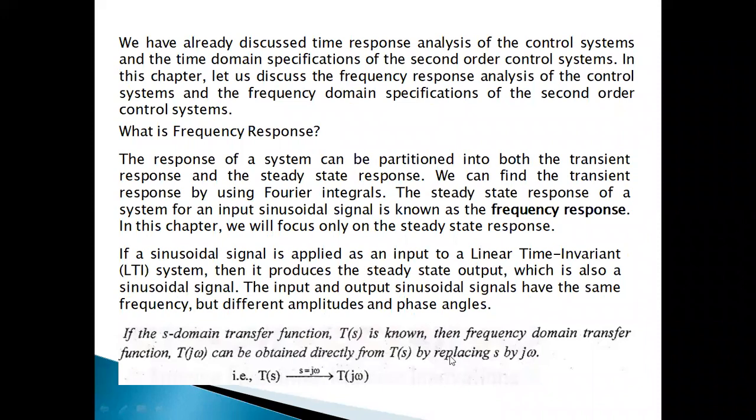Transfer function means output by input: Laplace transform of output by Laplace transform of input, assuming initial conditions equal to 0. Sinusoidal transfer function is simply sinusoidal output by sinusoidal input, which mathematically is obtained by replacing S with j omega.